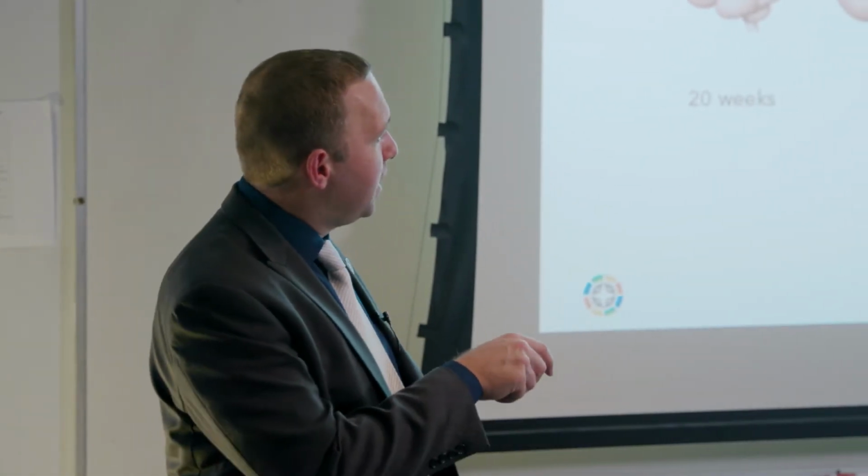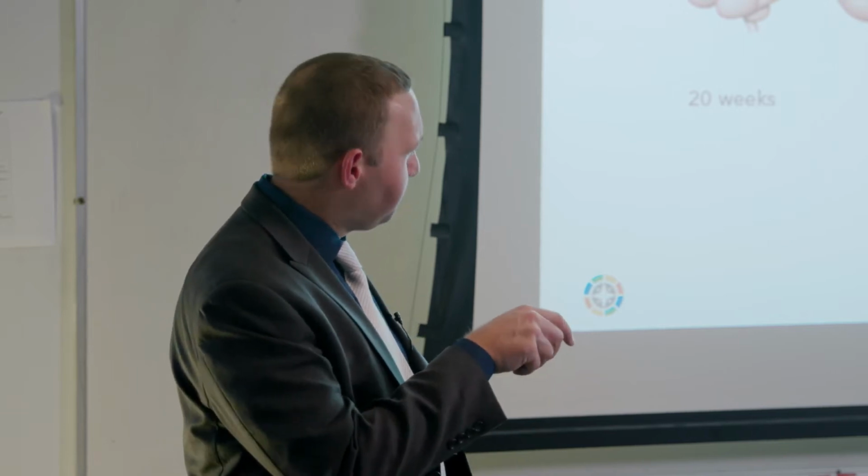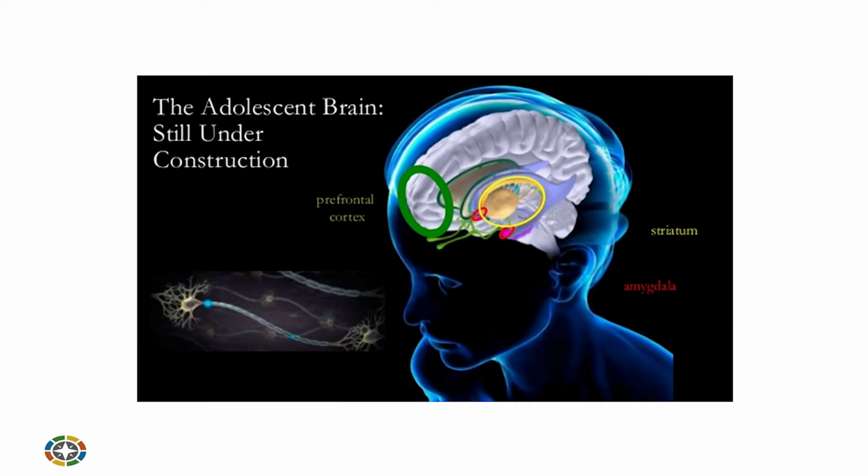It's smaller, but it's got a lot of the general sulci and the grooves that we typically see in an adult brain. And in adolescence in particular, the parts of the brain that are responsible for pleasure seeking and fleeing from painful things are more developed than the prefrontal cortex part of the brain that's responsible for balancing out those drives.